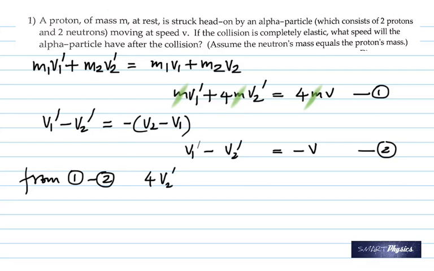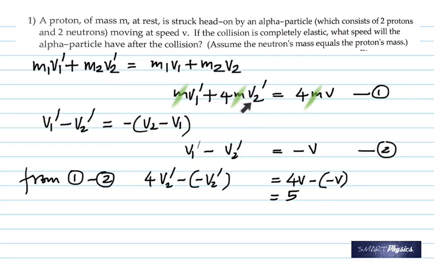Now equation 1 minus 2. So when you subtract 2 from 1, you get on the left hand side 4v2 prime and then you have minus of minus v2 prime.